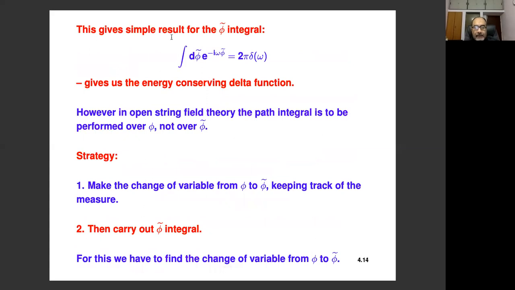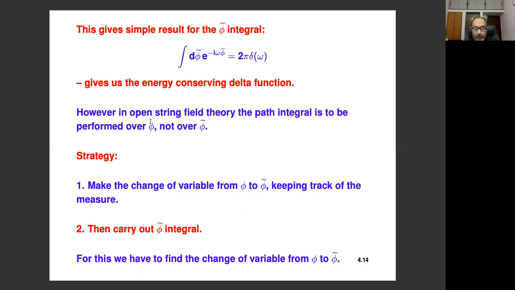Now, once you have changed variable from phi to phi tilde, then of course the phi tilde integral is easy to carry out, because this integral just gives you the energy conserving delta function that you have been emphasizing. So this would be easy. Okay, so what we need to do is to find the actual transformation from phi to phi tilde. Because from the perspective of open string field theory, the path integral is to be carried out over phi, not over phi tilde.